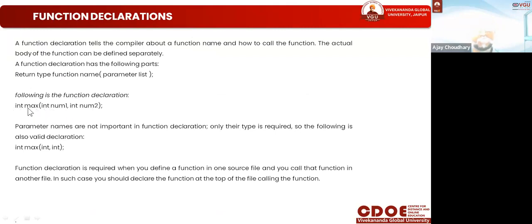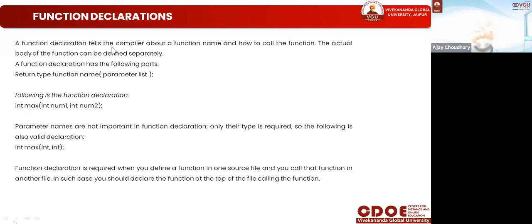So we use return type integer, we write the function name max, and we follow with some parameters. There are two parameters, two values, which are used by the max function. One is number one, second is number two. If we have 5 and 2 there, then the processor finds the maximum number.